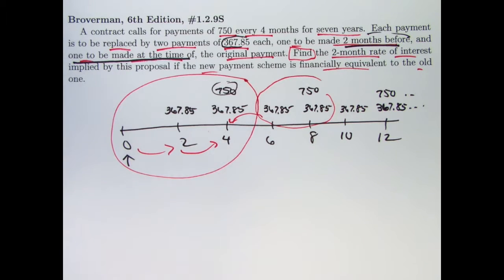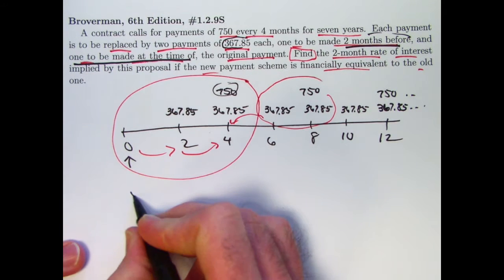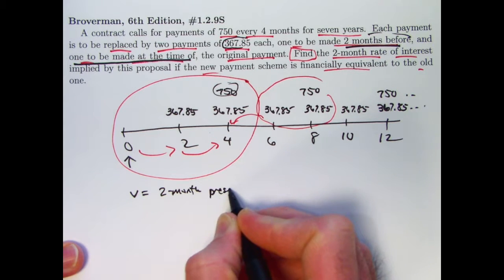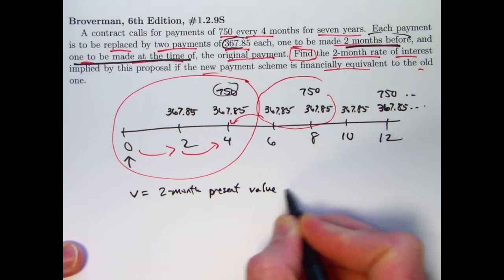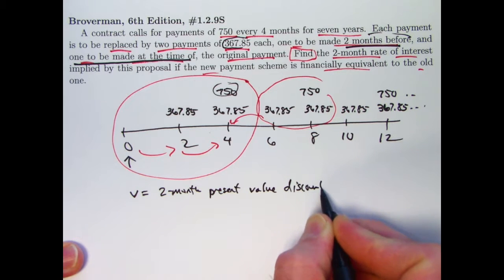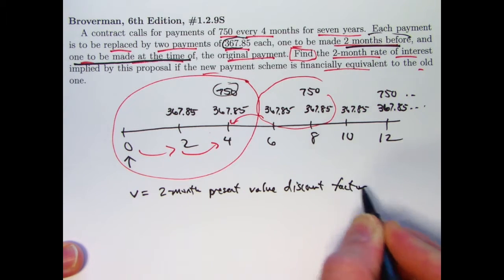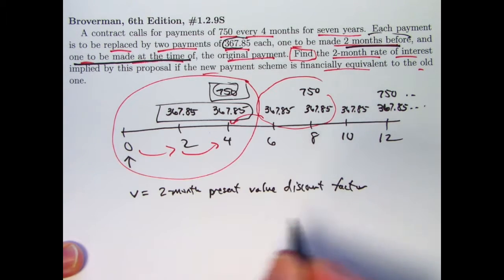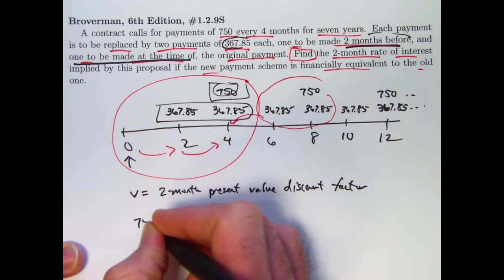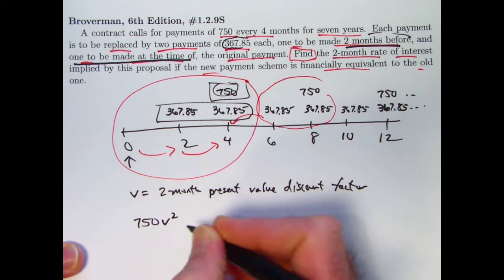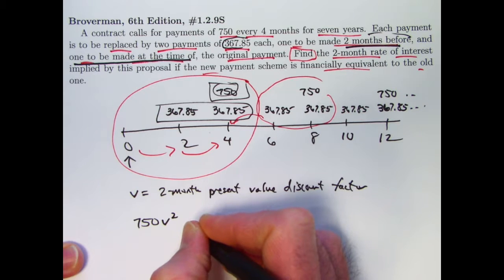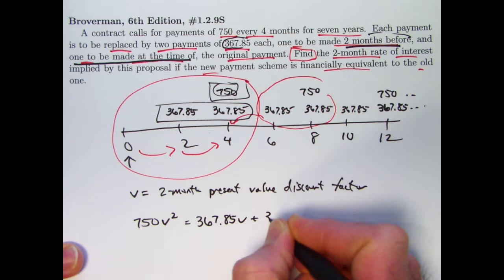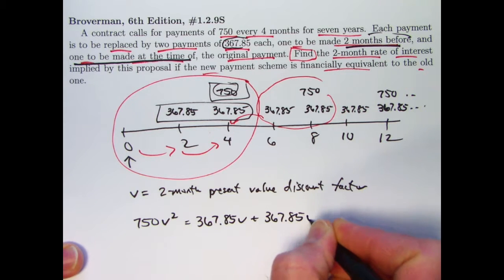So all we need to do now, if V is the 2-month present value discount factor, is set the present values of these two things, this stream and this one payment, equal to each other at time 0. So 750 times V squared would equal 367.85 times V plus 367.85 times V squared.